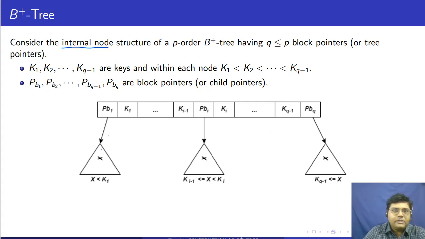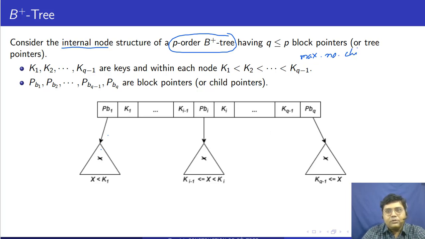We consider a typical B plus tree of order P. What does that mean? In a P order B plus tree, each node can have a maximum number of child pointers of P, and a maximum number of keys of P minus 1.